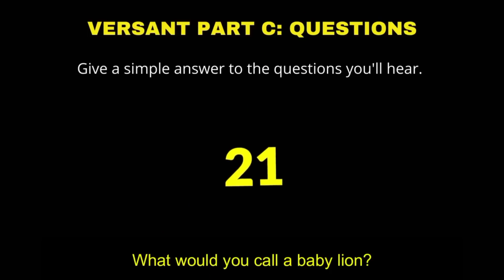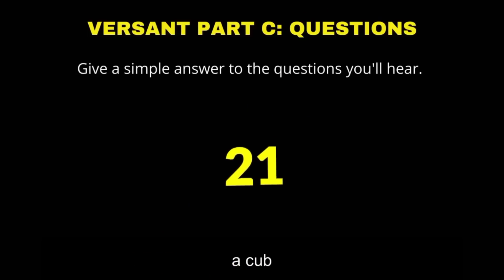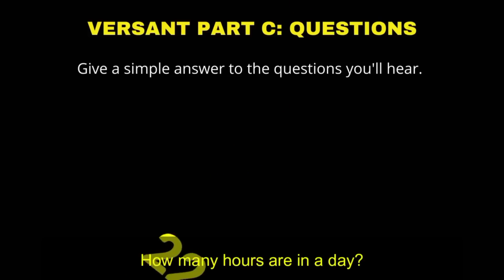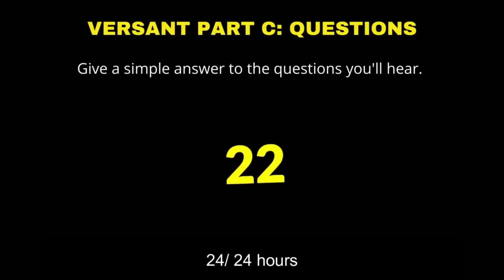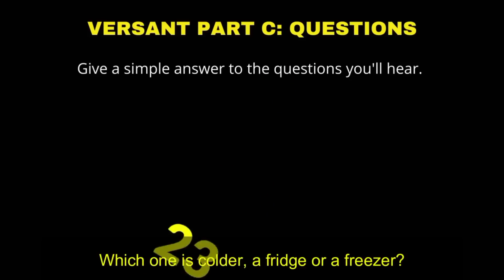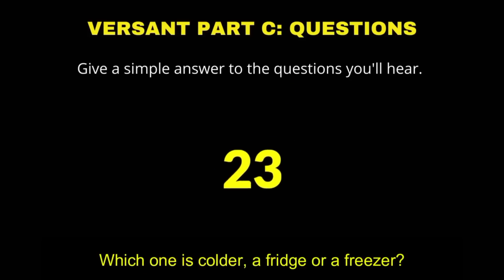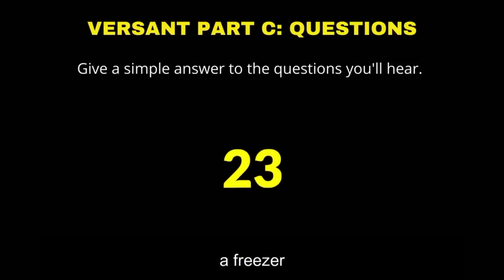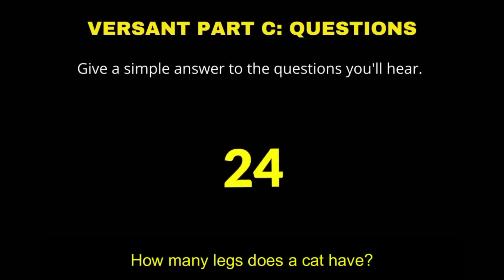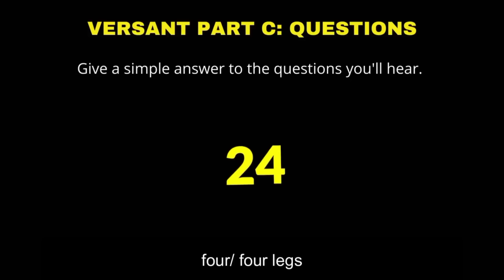What would you call a baby lion? A cub. How many hours are in a day? 24. Which one is colder, a fridge or a freezer? A freezer. How many legs does a cat have? 4.